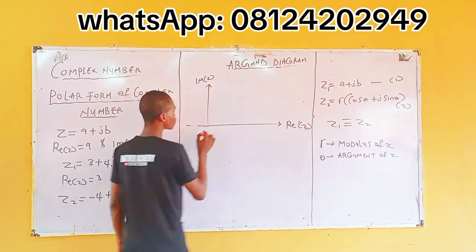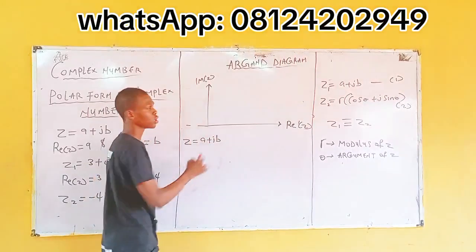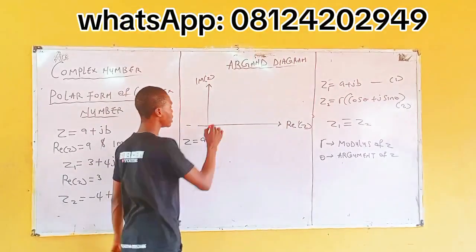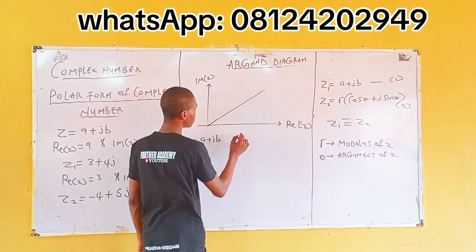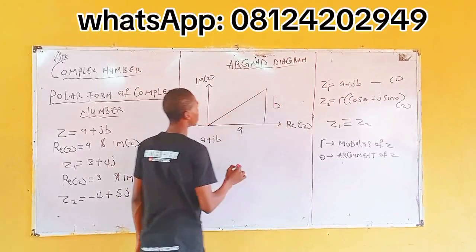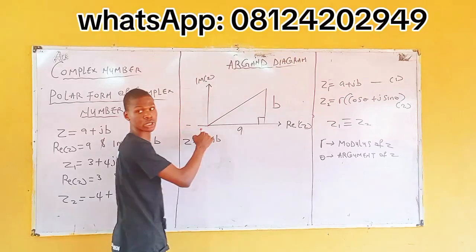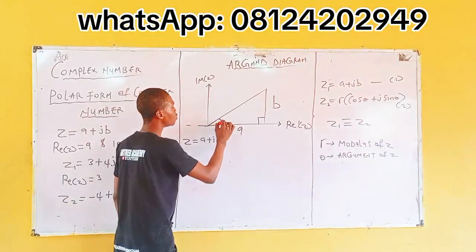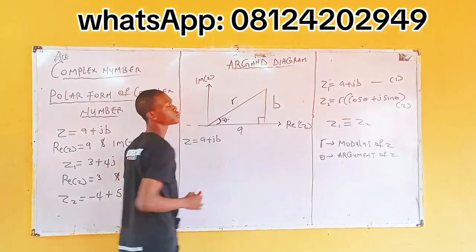Meaning, I want to represent z equals a plus jb on this plane. Then it becomes something like this. This is a, this is b. You know, of course, a right-angle triangle, you have an angle here, right? Call this angle theta. Then call this side r.